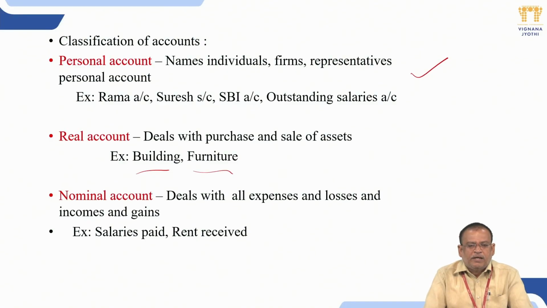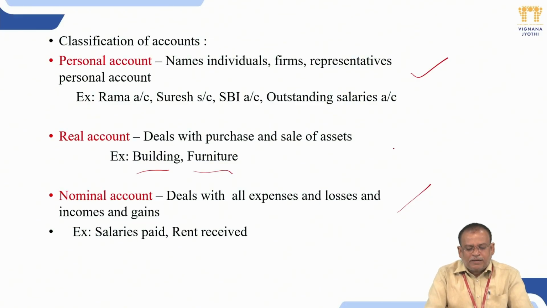Next one is nominal account. It deals with all expenses and losses and incomes and gains. Generally, while recording nominal accounts, we consider only repetitive expenses and repetitive incomes. Expenses which are paid periodically come under nominal account. I think you have a doubt.